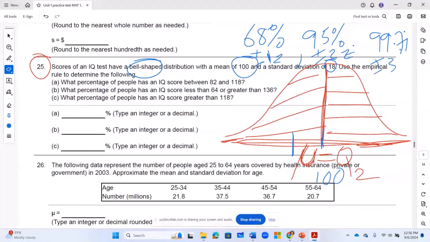They gave me that one standard deviation is 18.